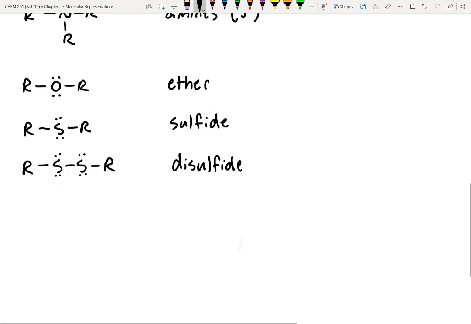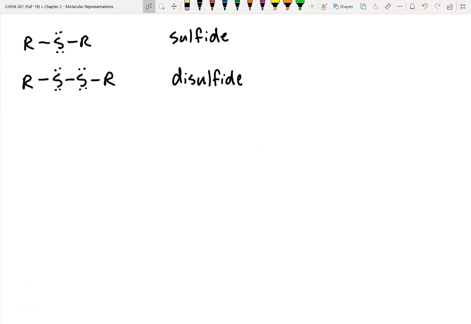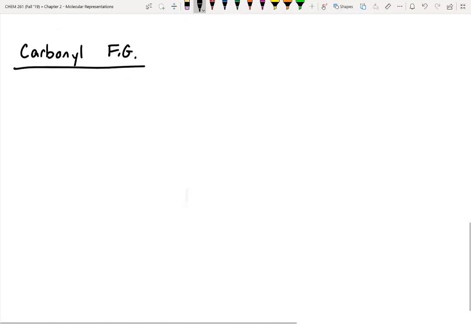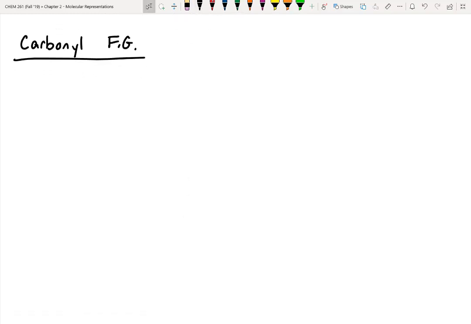All right, the next ones are the carbonyl functional groups. Just like before, we're going to have that placeholder as an R group, and that R group can be a hydrogen or a carbon.